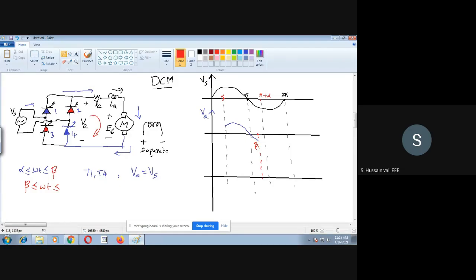Even though the current in the motor is 0, the motor is still running, so the EMF is always present. Now apply KVL in this closed path, VA, EB, and you will easily understand that VA is equal to EB. No thyristor will conduct in this, whereas the output voltage is the same as EB.